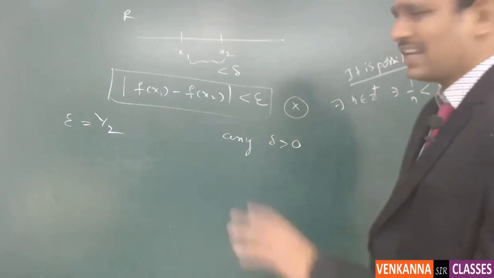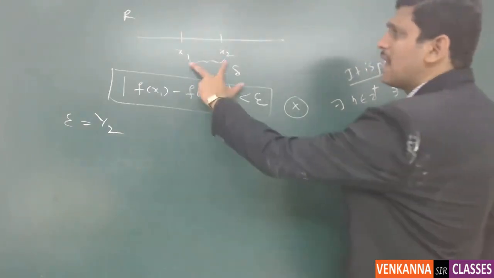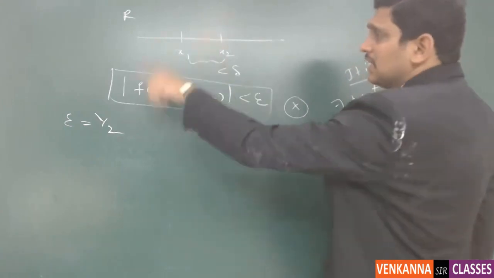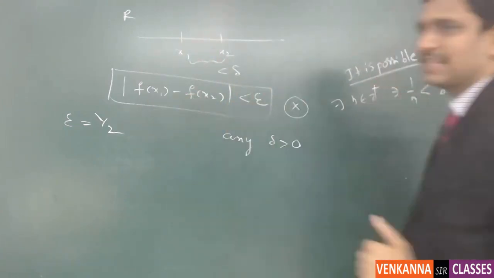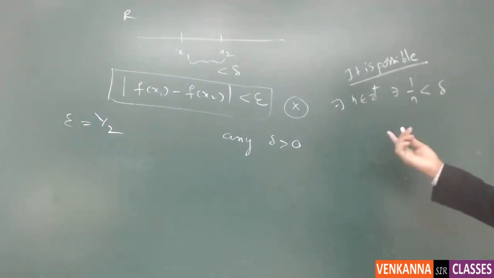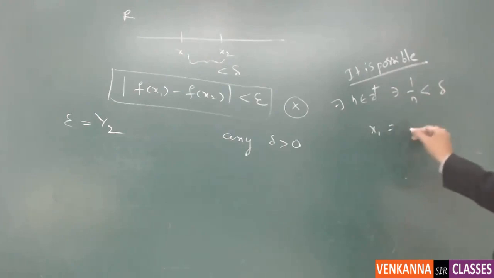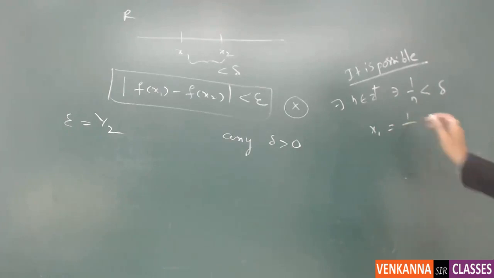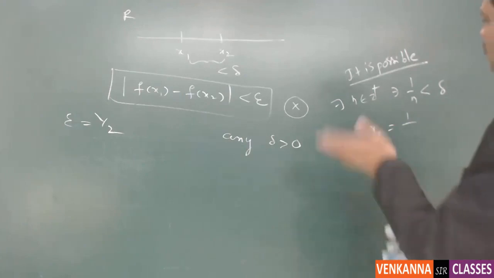So what is my intention to show? I am taking two numbers whose gap is less than delta. If I consider function values, it will be less than epsilon. So I am taking that you can take one value as, since you are taking it as, you can do the other way around also.